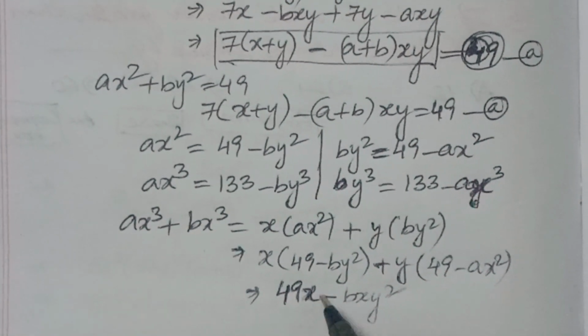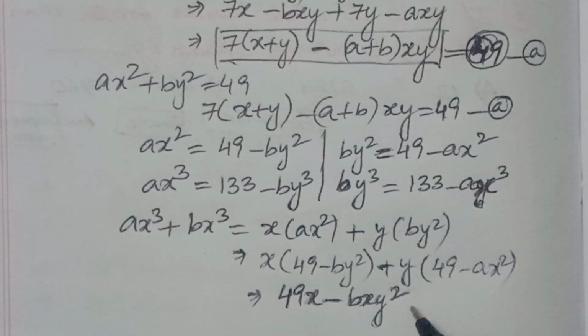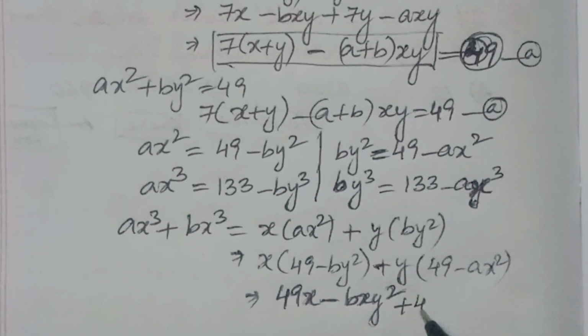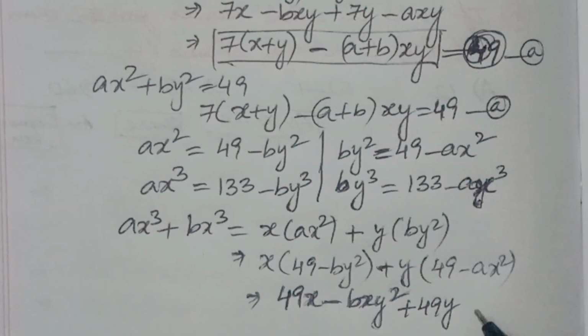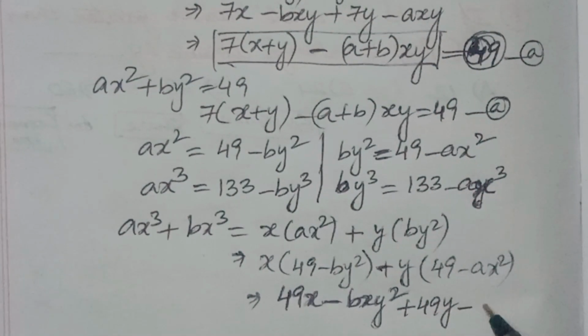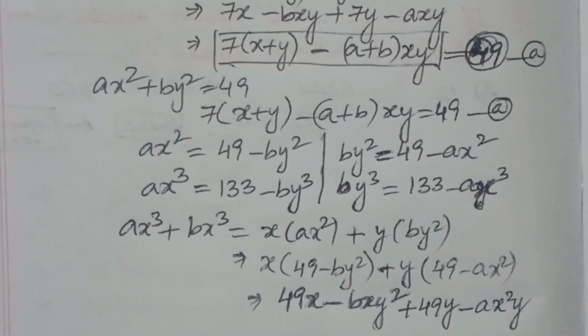49x minus by square plus 49y minus ax square y.